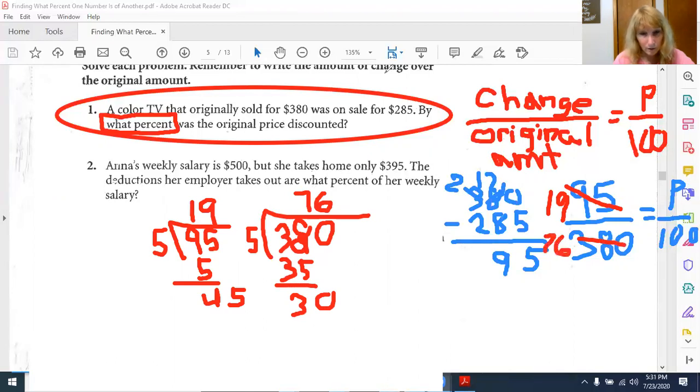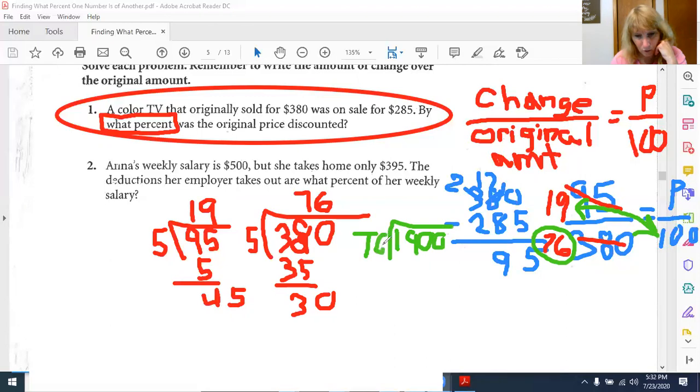Okay. So now I'm going to multiply. 19 times 100 would be 1900. And then I'm going to divide by the number that's left. In our case, it's 76. So we're going to see how many 76s will go into 190.